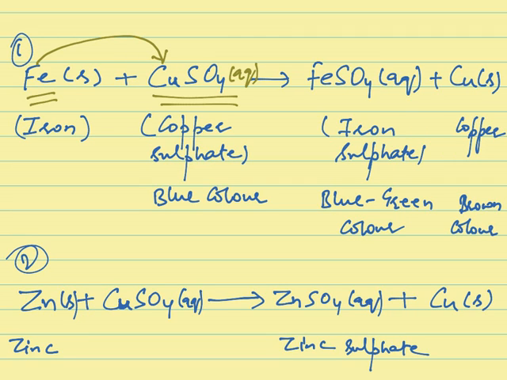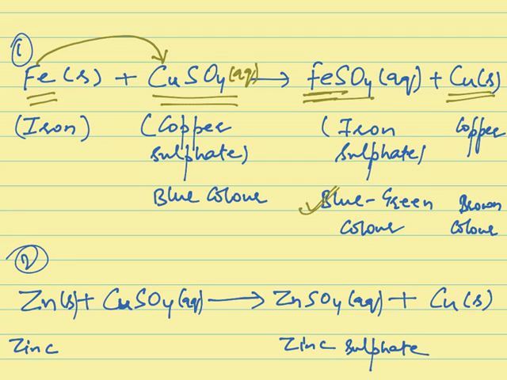As a result, iron occupied the place of copper and formed ferrous sulfate, which was blue-green in color, and the copper metal got deposited on the iron nail N2, and because of this copper layer on iron nail N2, the iron nail N2 appeared brown in color.